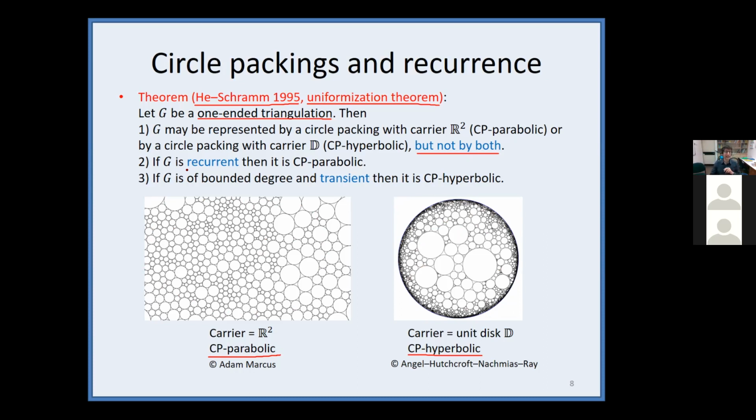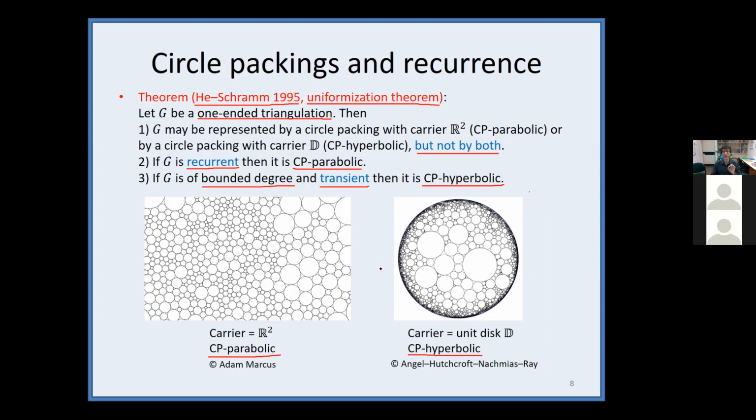And indeed, He and Schramm proved that if the graph is recurrent, if the one-ended triangulation is recurrent, then it is CP parabolic. So indeed, recurrence means that it's in some sense a small graph, and then it will be in the plane. And if it is transient and also of bounded degree, then it is CP hyperbolic. So at least in the class of bounded degree one-ended triangulations, being carried by the plane or by the unit disk is the same as being recurrent or transient.